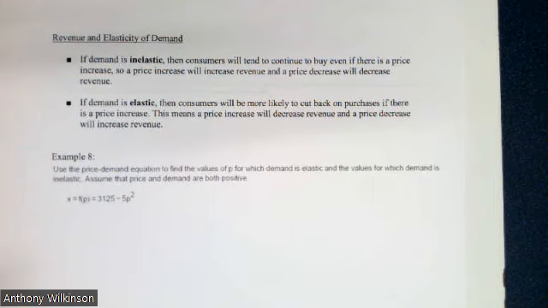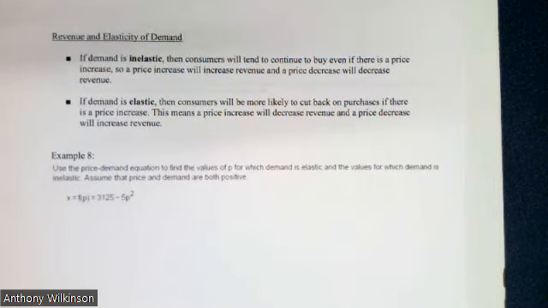So first of all, what we need to do here is we want to find out what's happening with this particular situation where it's going to be elastic and also inelastic.